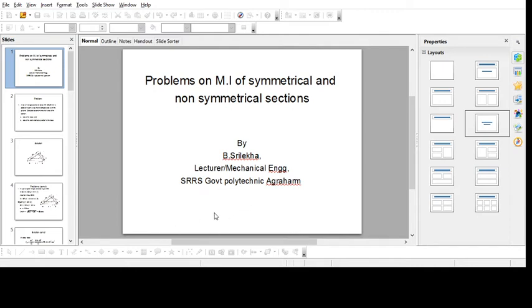How much is that? It is 40 minus this thickness of 10, simply 30. So 120 by 2 is 60 plus 30, it is 90. So 90 is its x1. Now y1, this is on the base only, so it is simply 10 by 2. So x1 is 90 and y1 is 5.